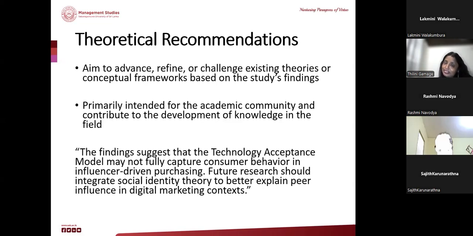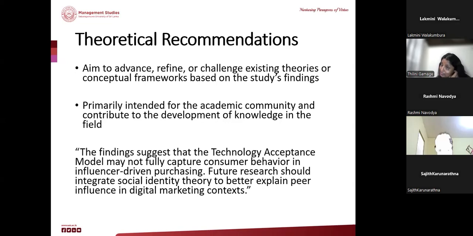So the theoretical recommendations basically highlight areas where the existing theories are incomplete or have limitations. Because if you look at the existing theories that we have, we can't say that they are perfect.